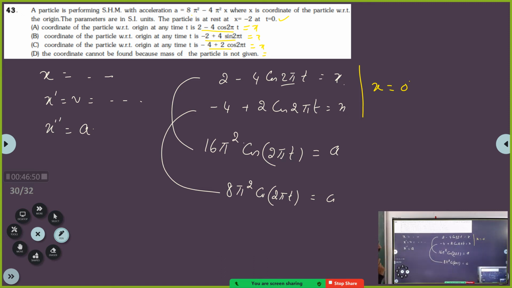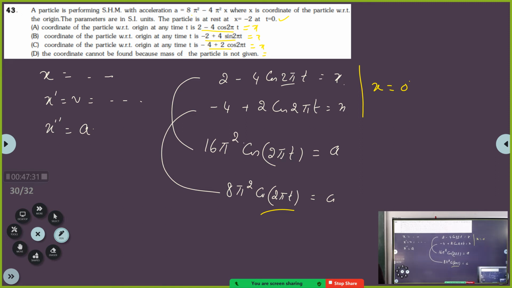Hello, are you with me? No. Yes. Now the acceleration at origin. Acceleration of origin is cos function. Acceleration of origin is cos function. Correct? Yes. It should be 8 pi square.